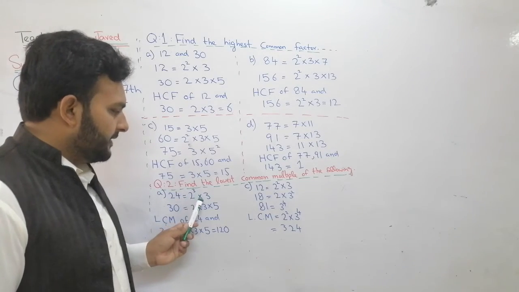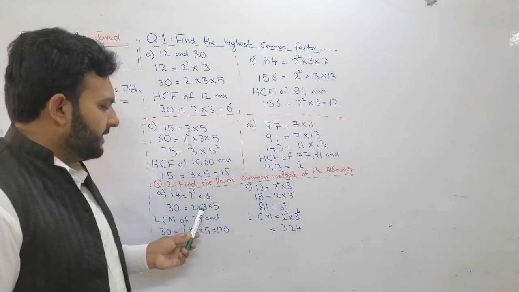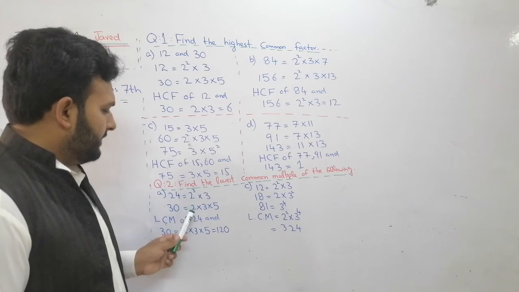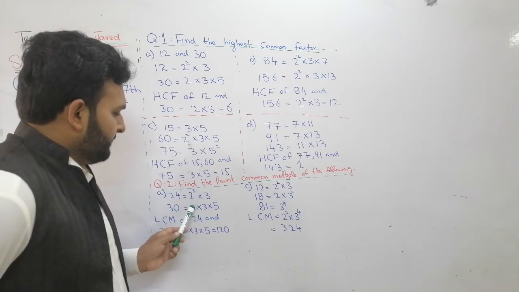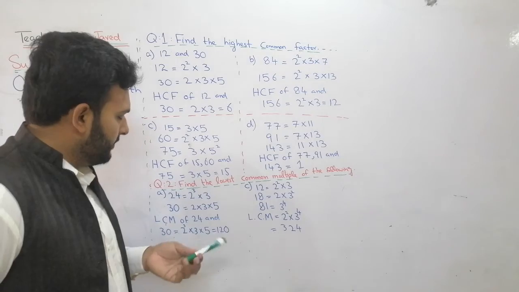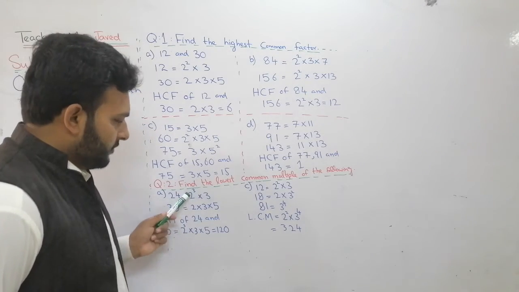24 is 2 power 3 into 3, and 30 is 2 into 3 into 5. These are the prime factors. Now for the LCM of 24 and 30, we take 2 power 3.